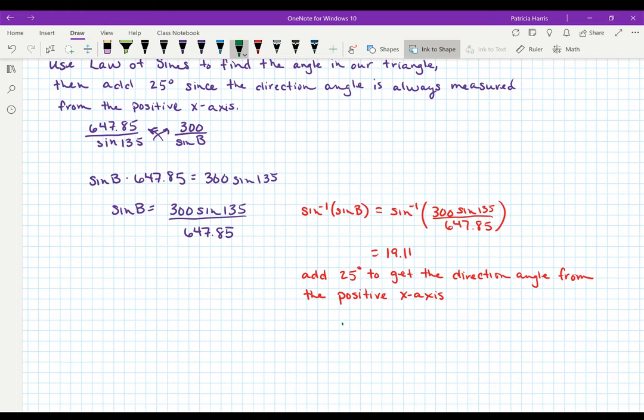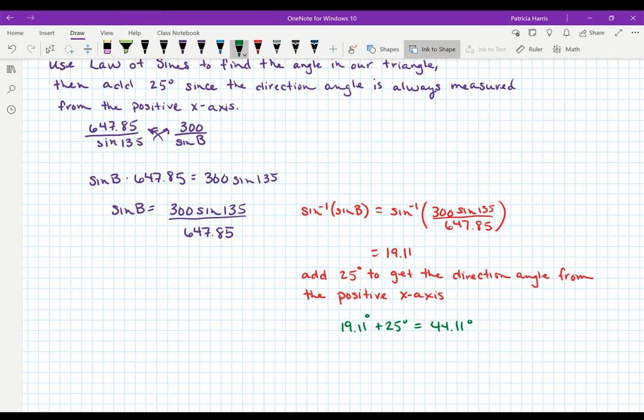So we get, oops, wrong number. And if I add 25, I get 44.11 degrees.